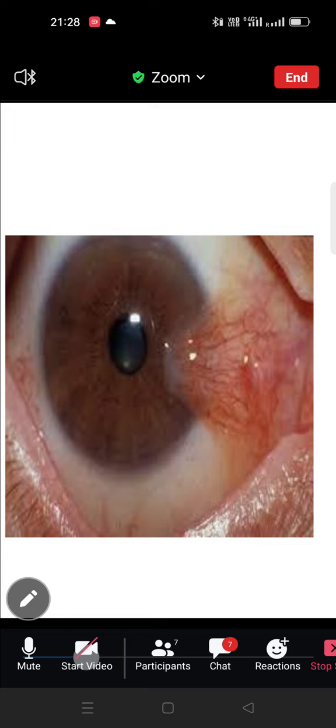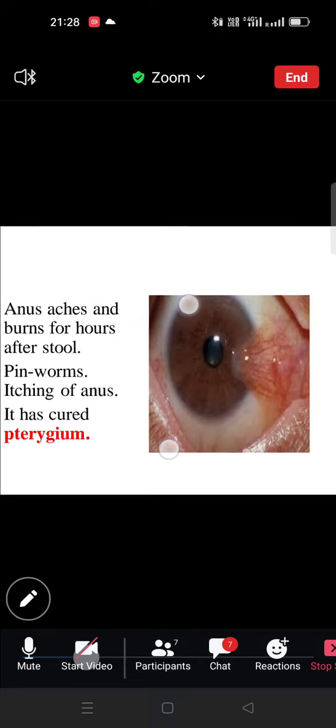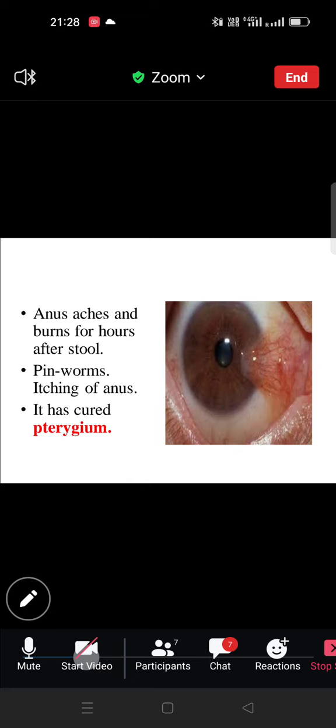Can anyone tell me the causes of pterygium? Generally pterygium is caused by ultraviolet rays, or it also occurs in those who stay in very much sunlight. So if someone has pterygium, then we can prescribe this medicine, and this is written in Boericke Materia Medica. Okay.